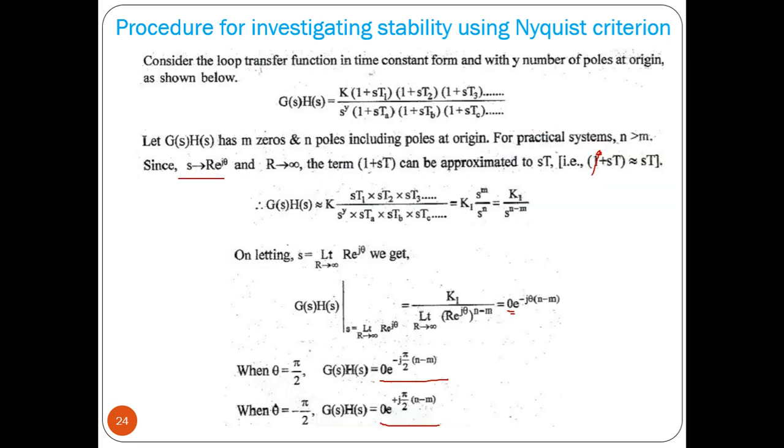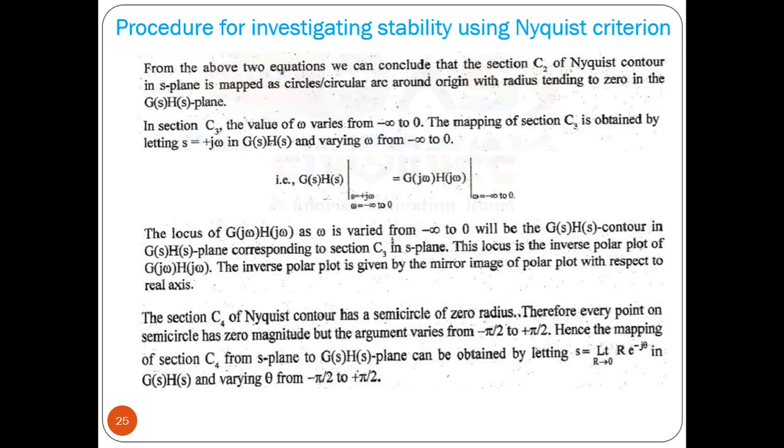Okay. Now the C2, C3 plot means this is your C1, C2, C3. Here we can have this C4 bypassing the pole at the origin.